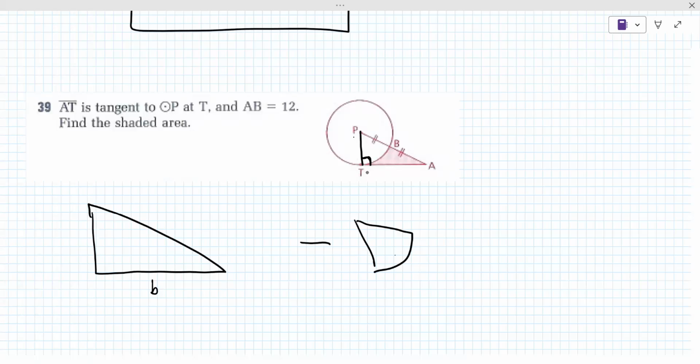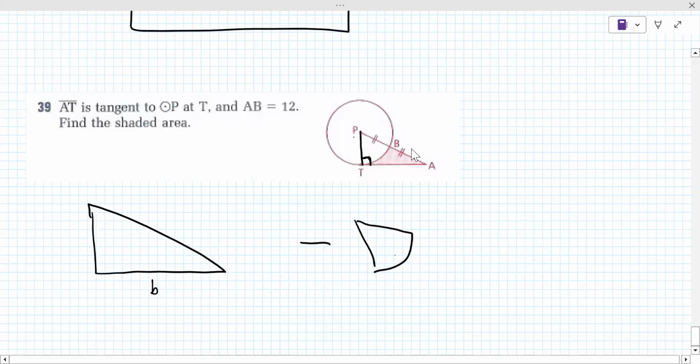So a couple things we got to do here. AB is 12, which means the other one is 12. So that tells you that this is also 12, and this is also 12. You also know that this is 24.